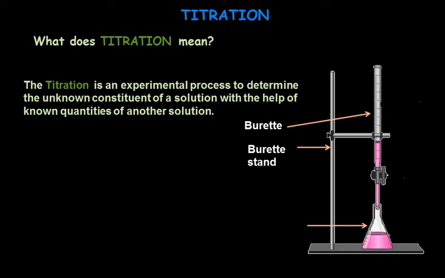We also need a conical flask to perform the titration, and other than that we also need a pipette to measure the volume of another solution other than the solution filled in the burette. The pipette is used to fill a volume of a solution in a conical flask, and then we perform the titration with the help of the solution in the burette.